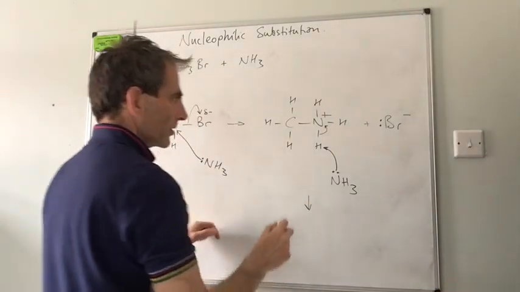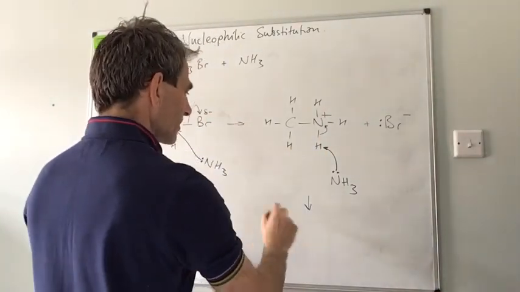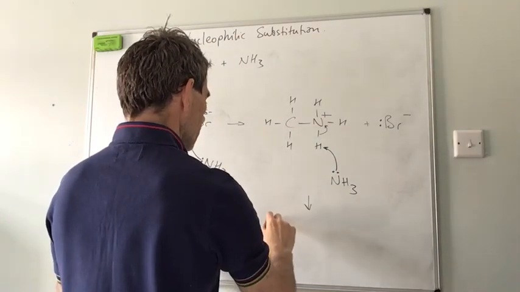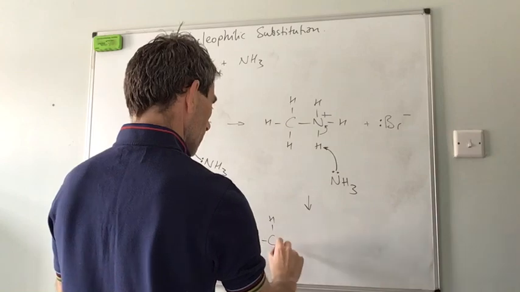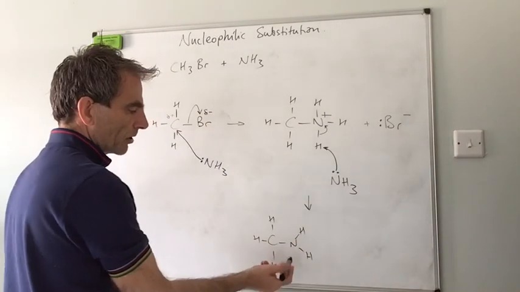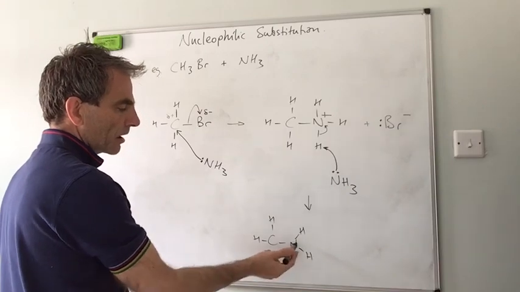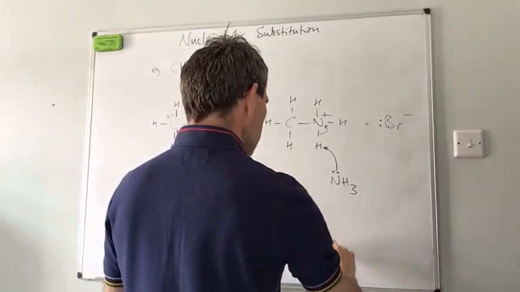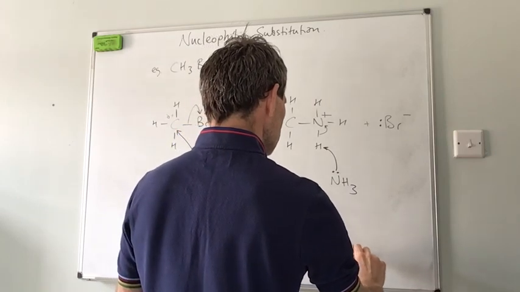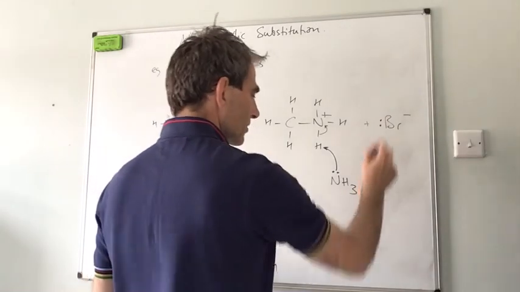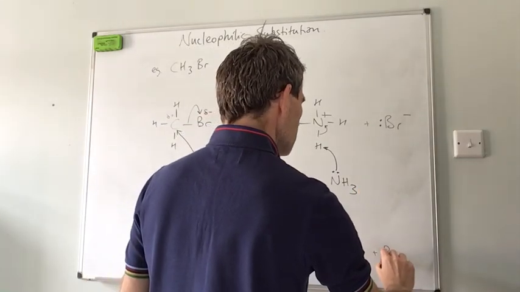So if we look at what's formed as an upshot of that, we've got the organic product CH3, and then NH2 now. This is what we call an amine, so this is methylamine. We've got an NH4 plus ion, and we've also got a Br minus ion.